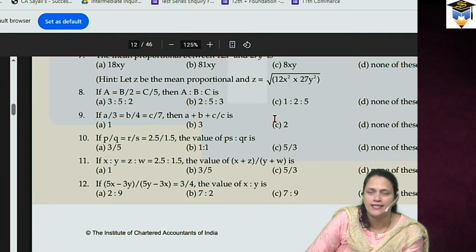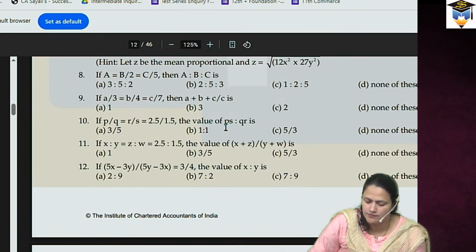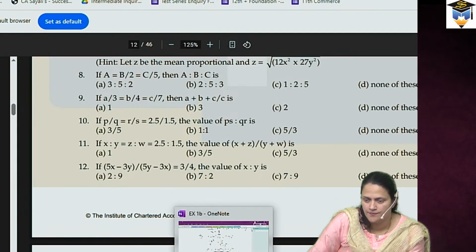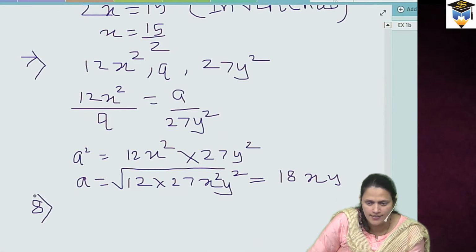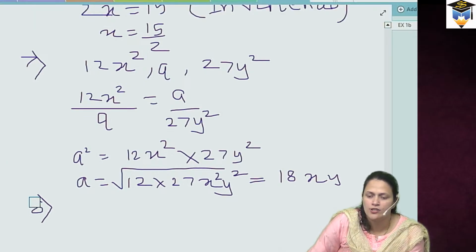Please go back and see that sum. 10th, P upon Q is equal to R upon S is equal to 2.5 upon 1.5. You have to find out the value of PS is to QR. So let us do the 10th sum now. 8th and 9th are done orally. Let's solve the 10th sum.